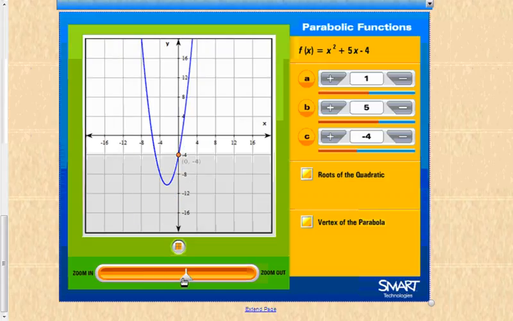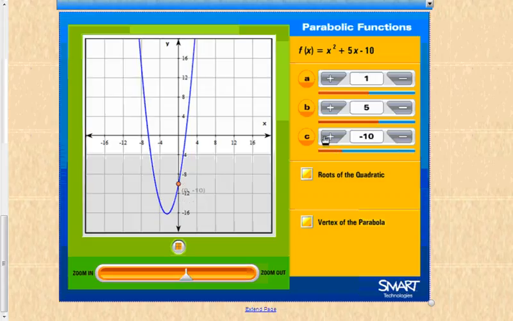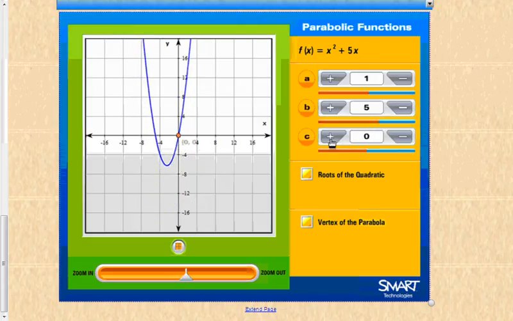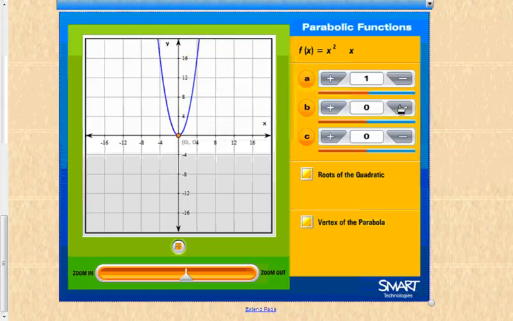But then the c value we're going to play around with too. It moves it up or down more. If it's 0, it's going to start at 0, 0, if there is no b value or c value.